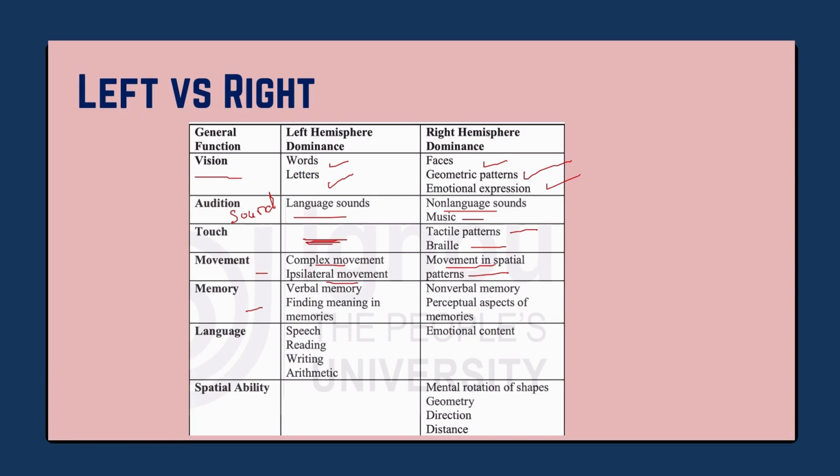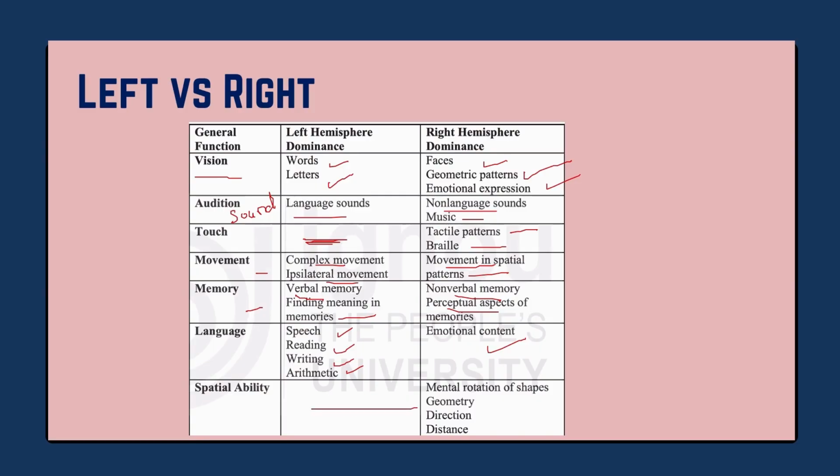About memory, we learned that both hemispheres are good at memory, but left hemisphere dominates in the field of verbal memory, finding meaning in memories, while right hemisphere is good at non-verbal memory, perceptual aspects of memory. Okay, then language. Left hemisphere is concerned with speech, reading, writing and arithmetic. Right dominant hemisphere, emotional content.